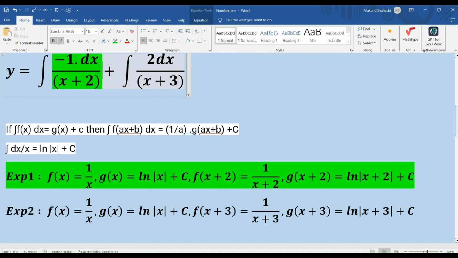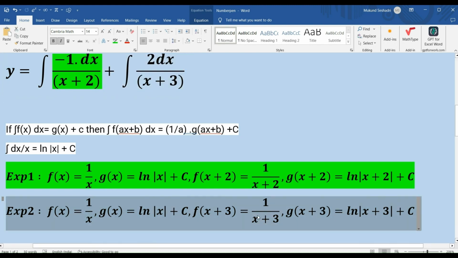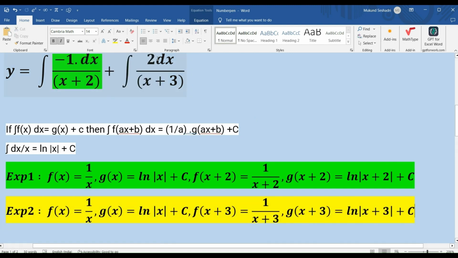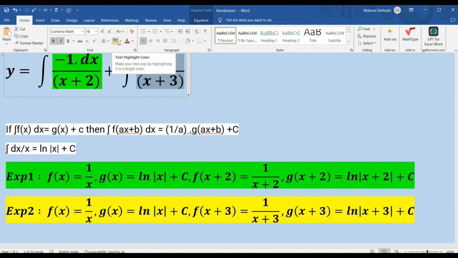So my f of x plus 3 is equal to 1 by x plus 3, and my g of x plus 3 is nothing but ln of mod of x plus 3 plus c, right? So let us highlight this in a different color, say yellow, and correspondingly my expression 2 is also highlighted in yellow, right? Keeping the 2 aside. So now I think we have the answer for both the expressions in y.